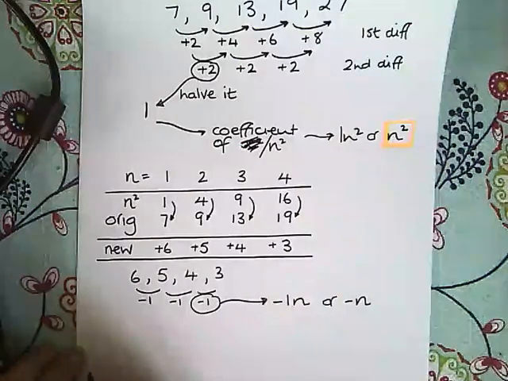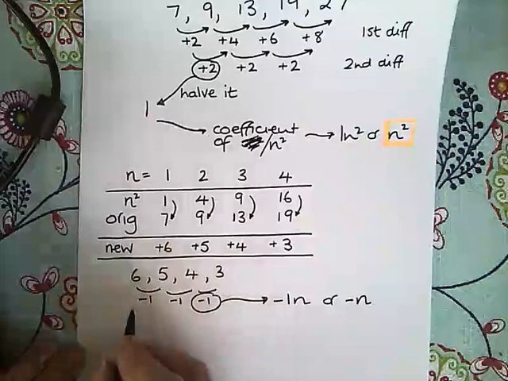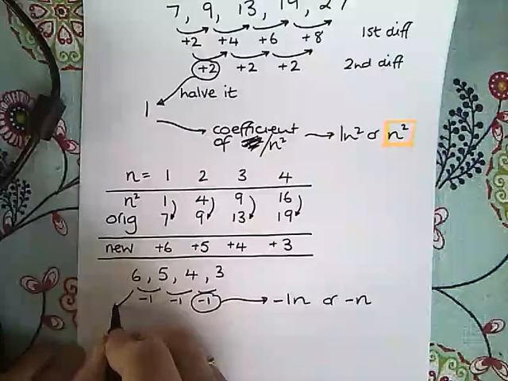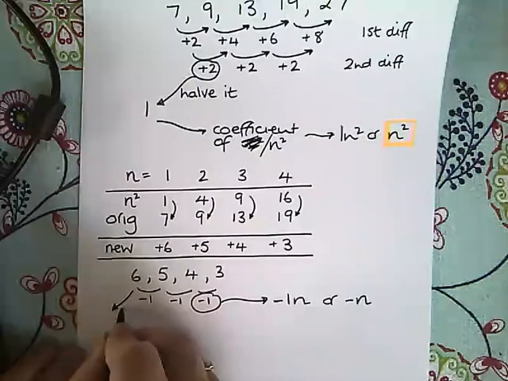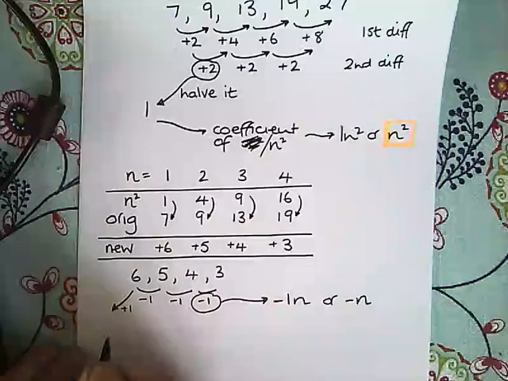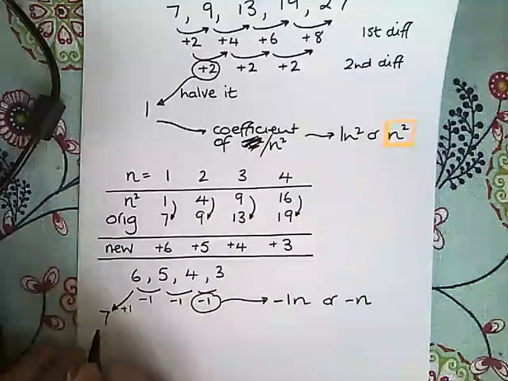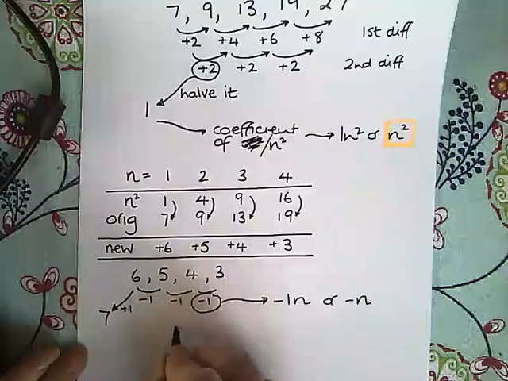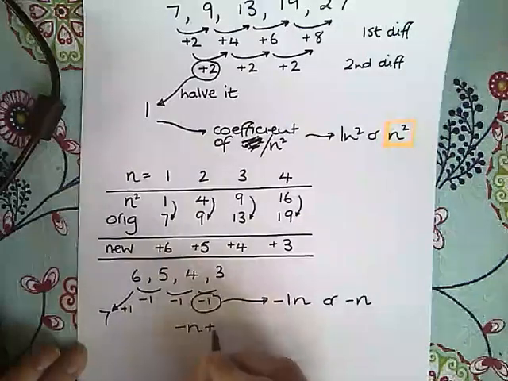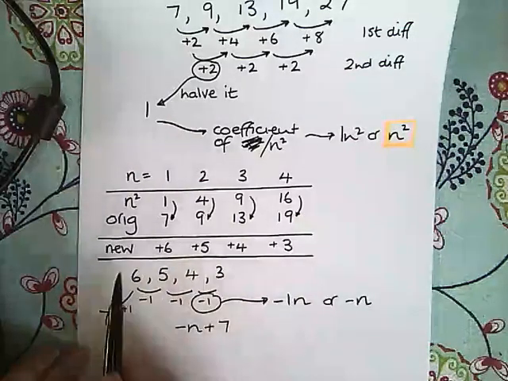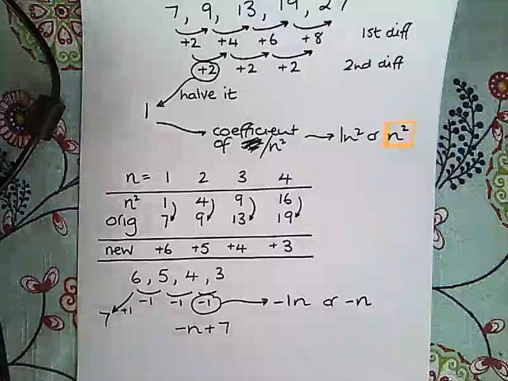And then to find the number bit that goes on the end, remember that you do the opposite of minus 1 to the first term, which in this case is add 1, and that would take us to 7, which is positive, so it would be minus n plus 7 would be the rule for that part of the sequence.